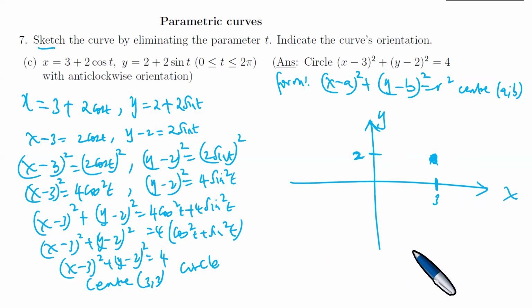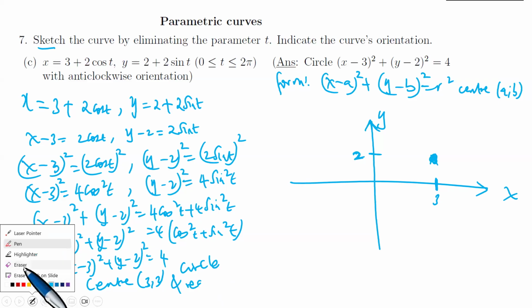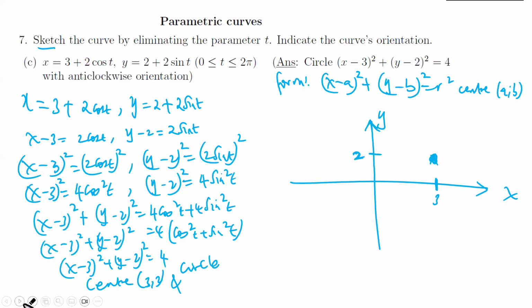You then have a circle, with the center there, and what is the radius? Right, so the radius is r equals the square root of 4, which equals 2 units. Okay, so the radius is 2 units.